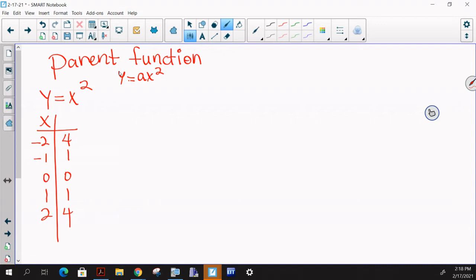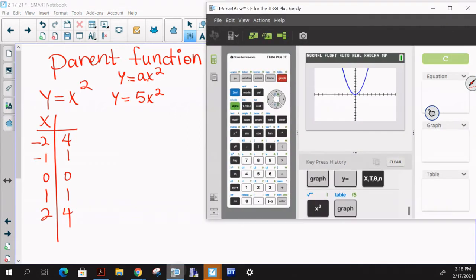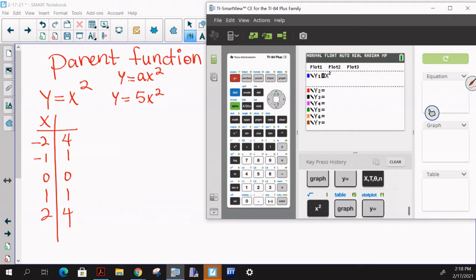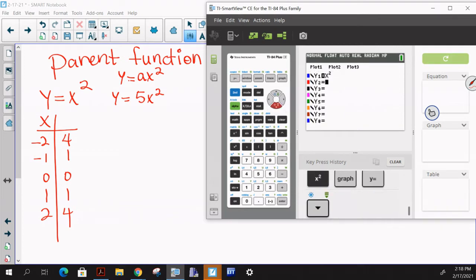Let's try y equals, and this time I'm going to say 5x squared. Okay? So if I put that in the graphing calculator, this time I'm going to use, I like this calculator because it'll do it in colors, graphic colors. So I'm going to go down here and graph it in red. So it's going to be 5x squared.